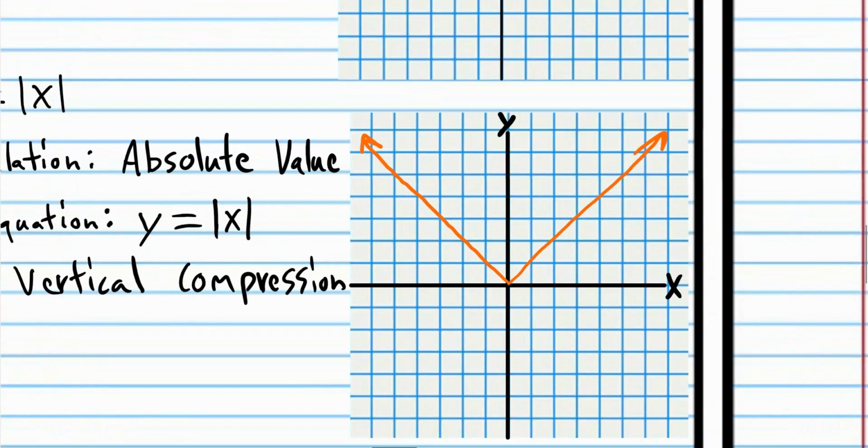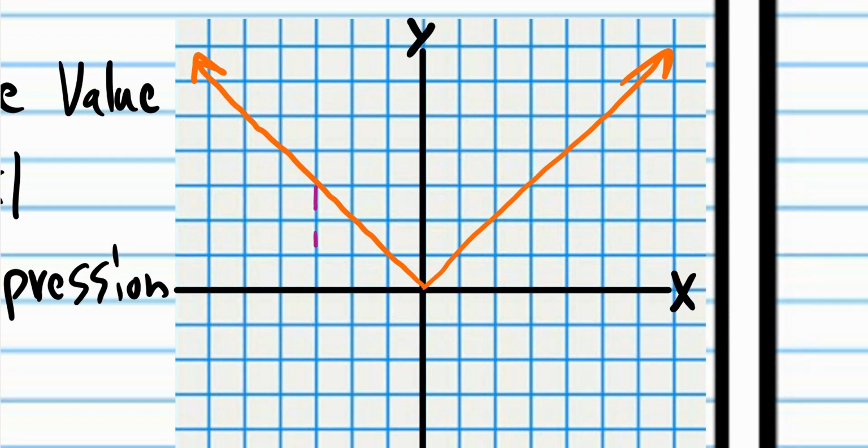So this y value here is 3. So I'm going to divide that by 3, and obviously you get 1. This y value is also 3. I'll divide that by 3, and I'll get 1. This value is 1. 1 divided by 3 is 1/3. Same thing over here.